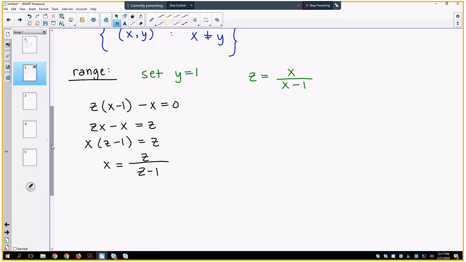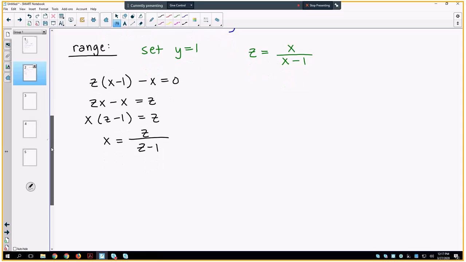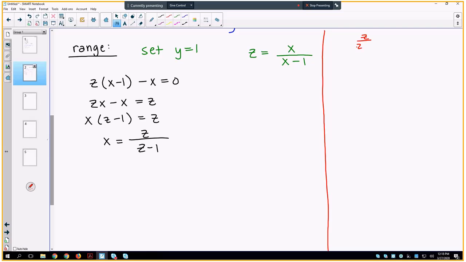But what did I actually find? So what I found is a form for x that when I plug it back into my function is going to give me any z that I want. So I'll show you what I mean. So in my function, x times y over x minus y, if I let x be equal to z over z minus 1, and y is equal to 1, then x times y is z over z minus 1 times 1.